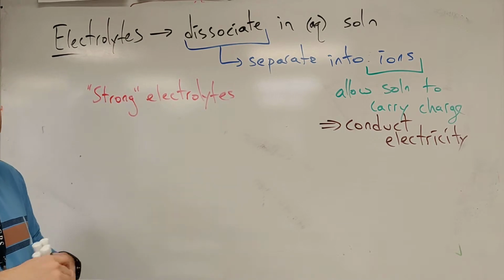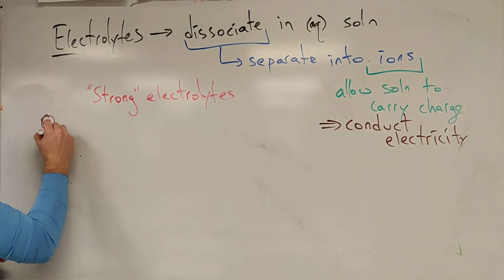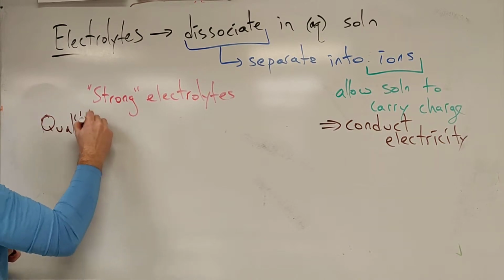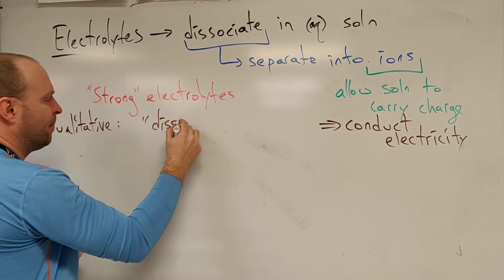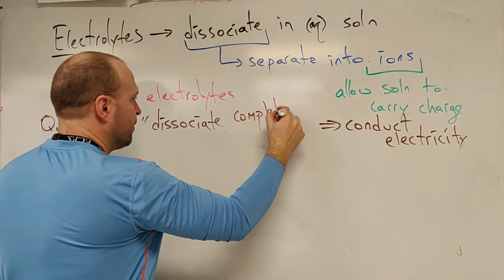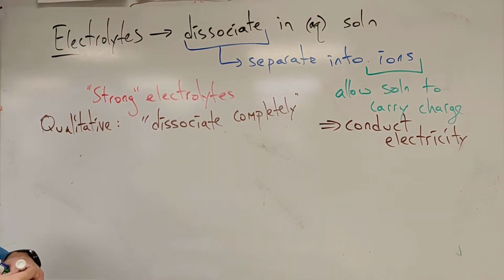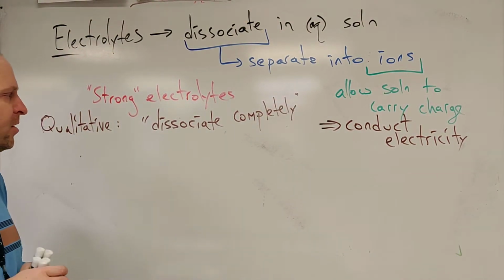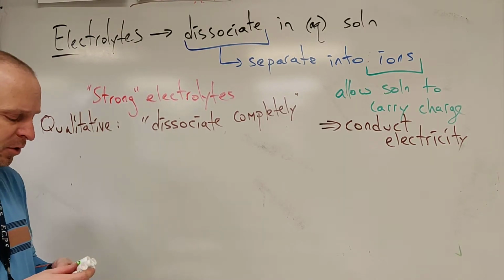And there are quantitative and qualitative ways to look at this. So qualitatively, we'll say that strong electrolytes dissociate completely. All right? Now, that's not technically true because you can't have zero in an equilibrium system, but for practical purposes of math, it's true enough, so that's okay.